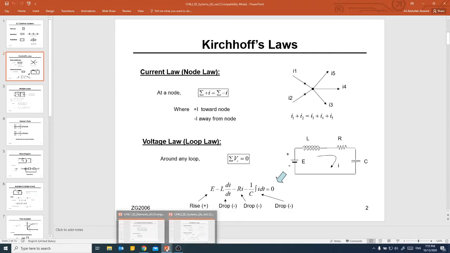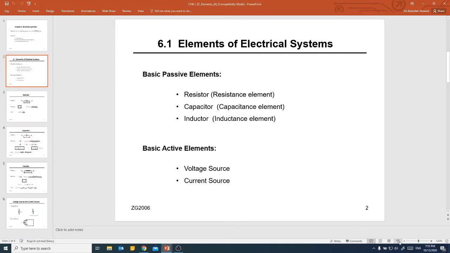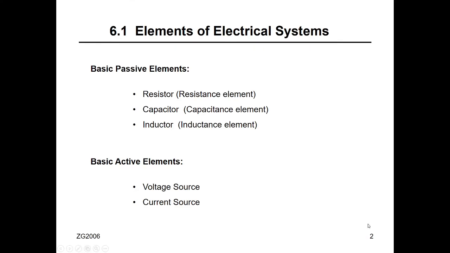So first, let's get started with defining the basic elements of any electrical system. Any electrical system must have active elements and passive elements, both of them. The active element is the source of energy in the system, which is the voltage source or current source.